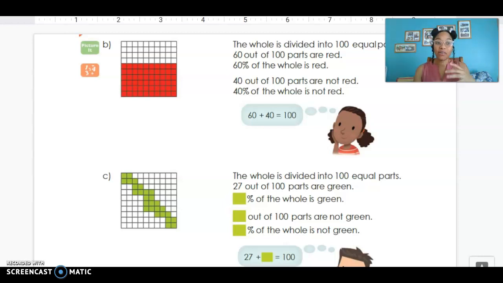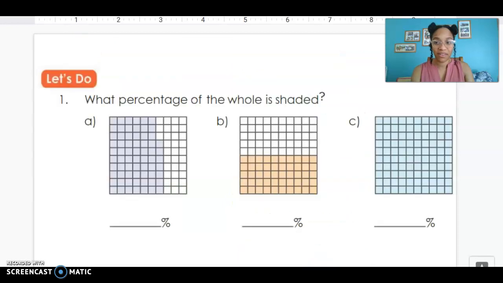So if 27 plus something gives us 100, 100 minus 27 should give us that mystery term. So I want you to do the subtraction on that one and figure out how much of the whole in part C is not green, if we know that 27% is green.